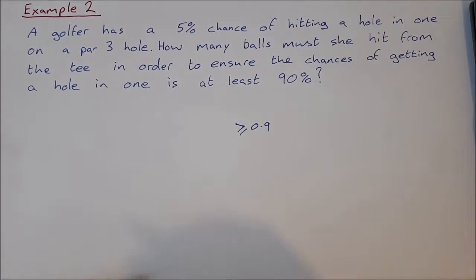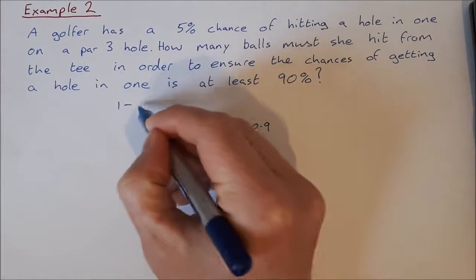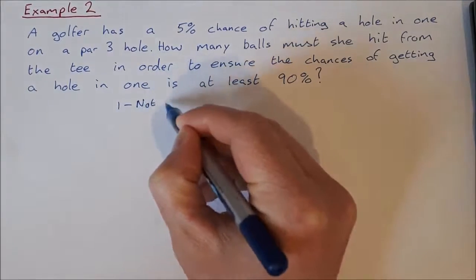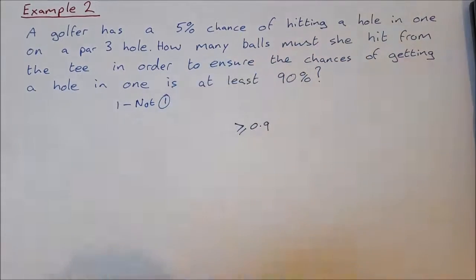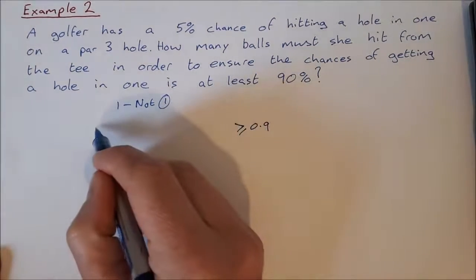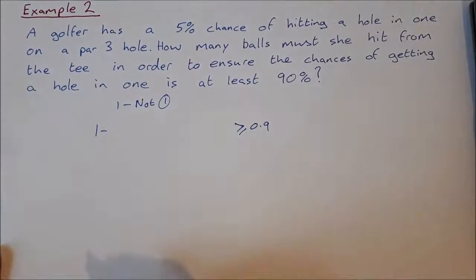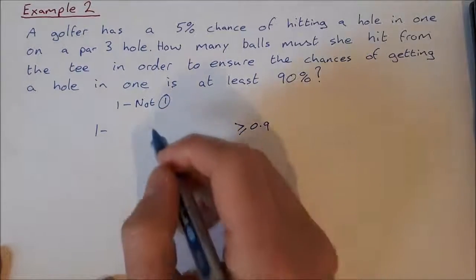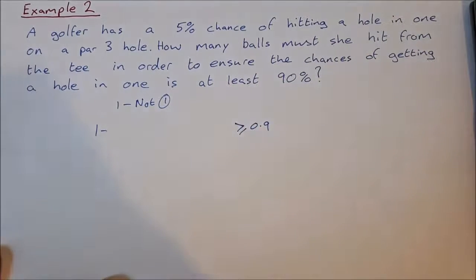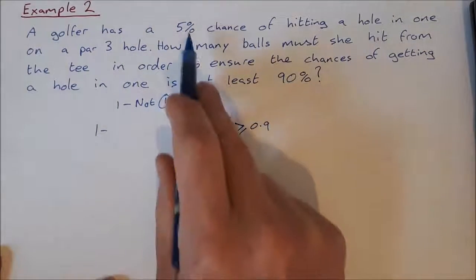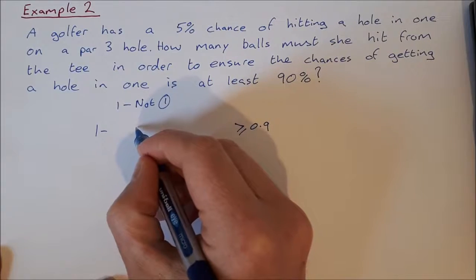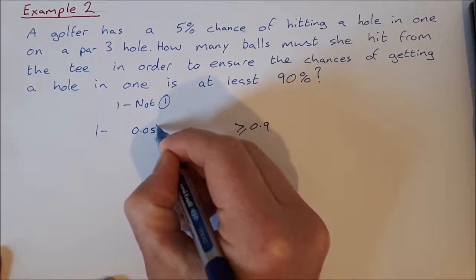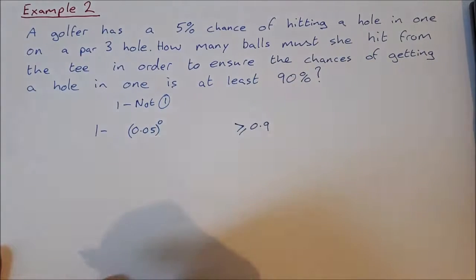So the chances of getting a hole in one is going to be 1 minus the chances of not getting a hole in one. So what's that going to be? 1 minus, now not getting a hole in one, so that'd be getting a 5% chance of the hole in one, so 0.05, and not getting any of them, that's to the power of 0.